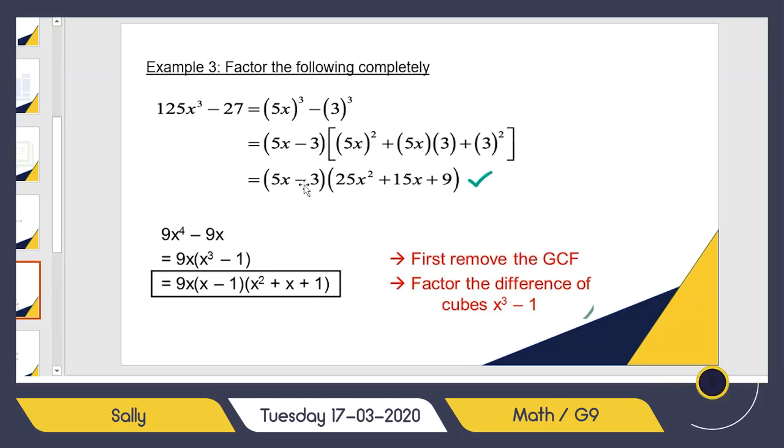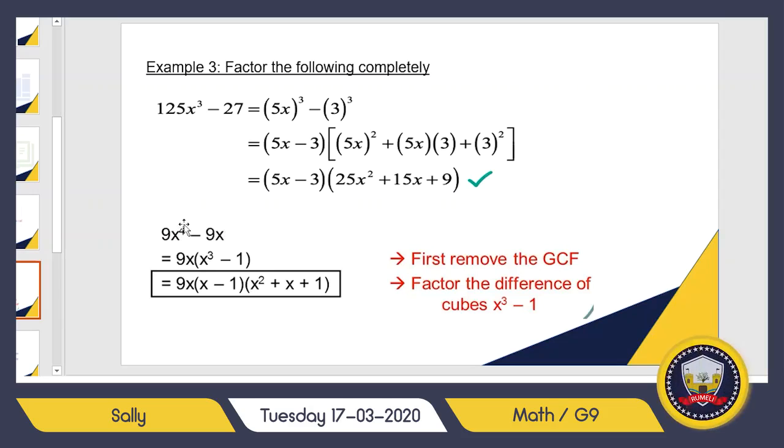What about when it's not straightforward, or you have to go for one more step before you find out that it's factoring of cubes? Here, if I have an example like 9x to the power of 4 minus 9x, I ask myself, does 9 have a cubic root?